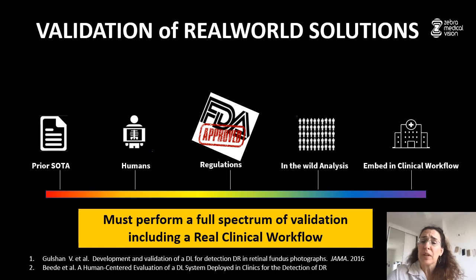A third component, when you want to regulate your product, is to consider building regulatory acceptable test sets. And these sort of test sets, when you want to, for example, regulate your product in the FDA, should include specific distribution and representation of specific findings and populations.